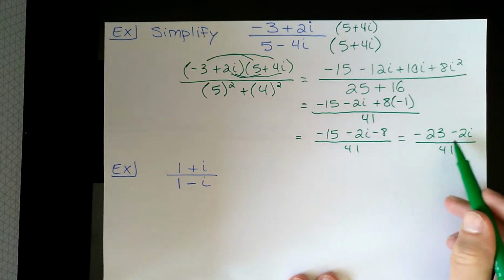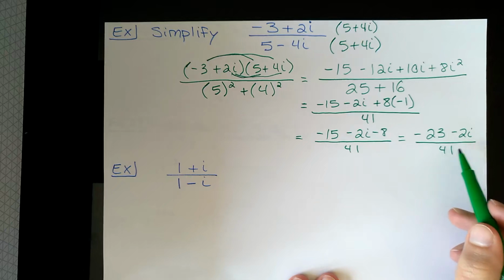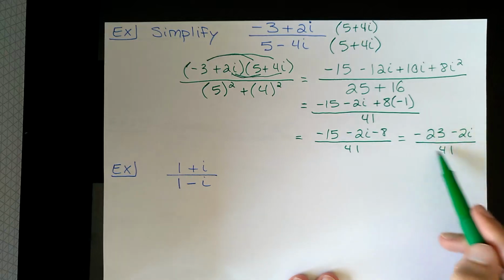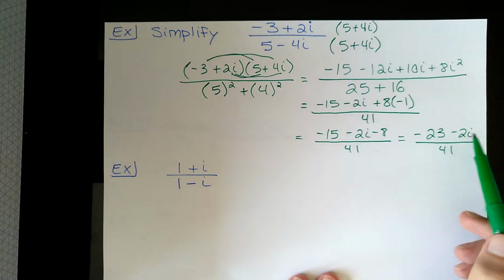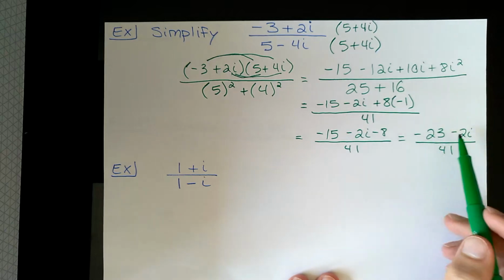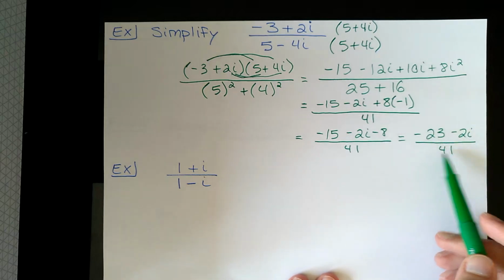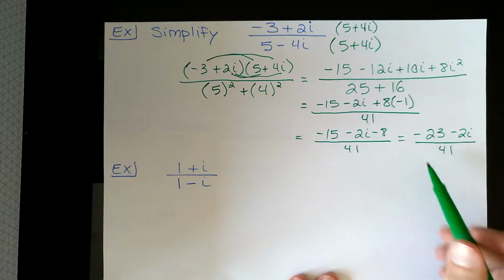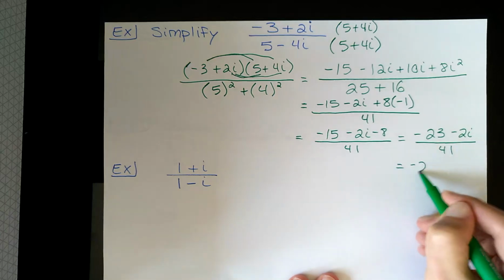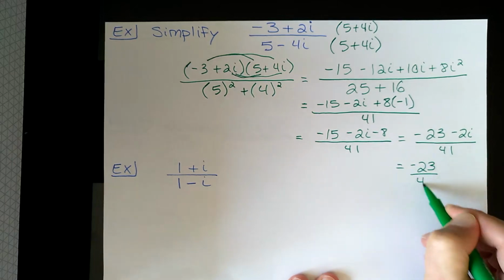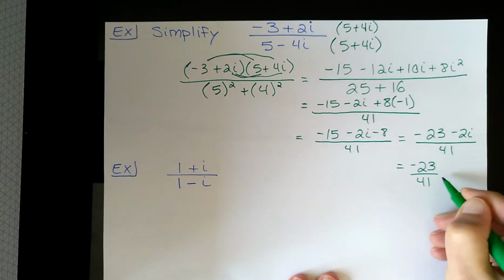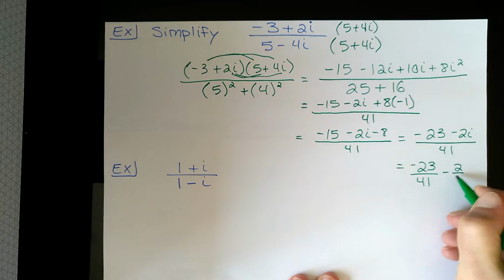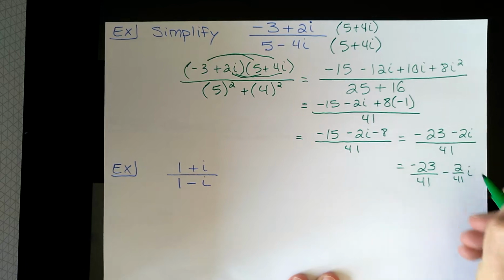Is this in our complex notation? Well, no, because we have only one term. We need to have two separate terms being added or subtracted. So we need to break this up into two separate fractions. This is going to give us negative 23 over 41 minus 2 over 41 i.